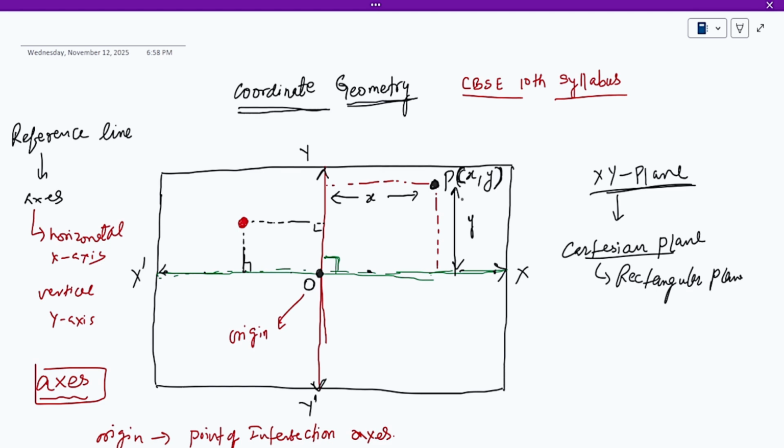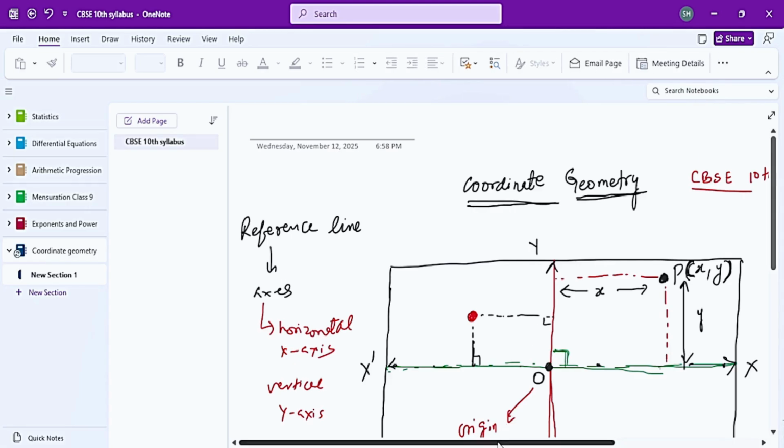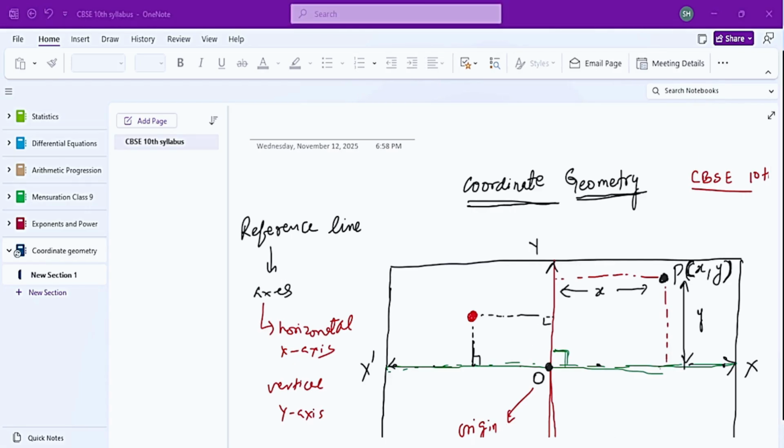In the xy plane. Is it clear to everyone? So the meaning of coordinate is simply the position of a point in the xy plane.